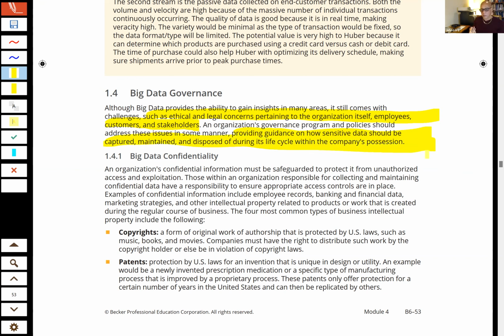If you're gathering all this data potentially on individuals, there's a certain amount of responsibility that comes along with that. That also gets into the notion of confidentiality: employee records, bank records, all this stuff. It's one thing to collect the data; it's another thing to consider some of these ethical confidentiality issues.